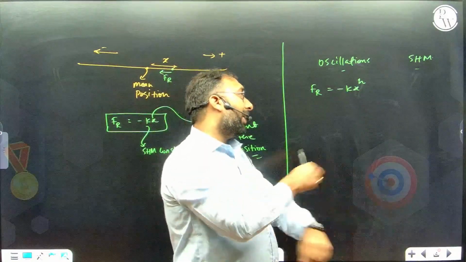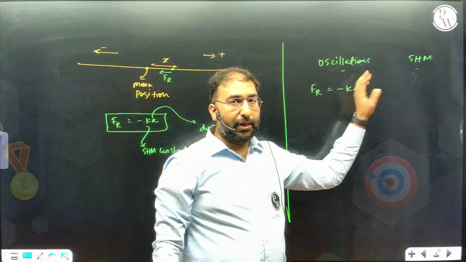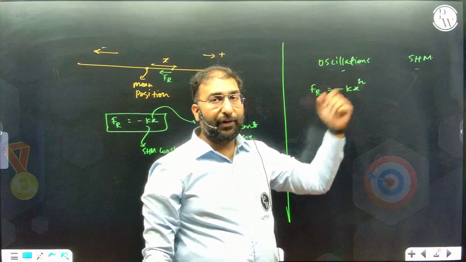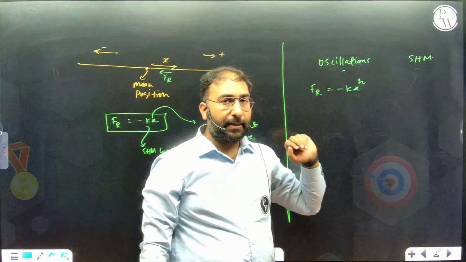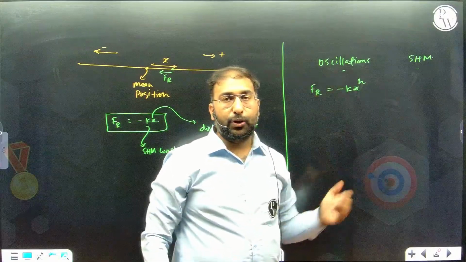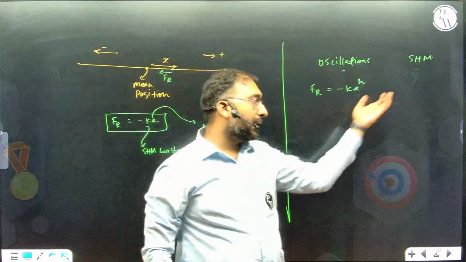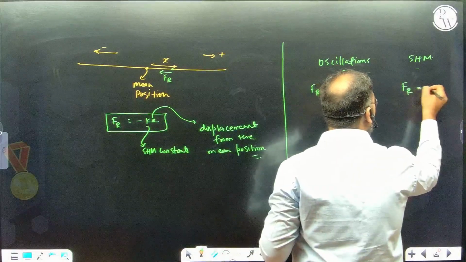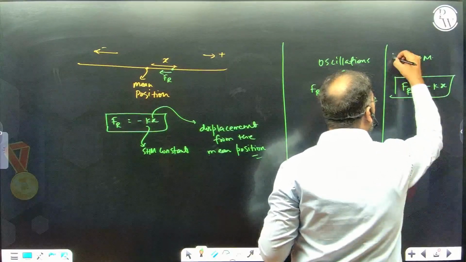Now when I put the value of n to be 1, or 3, or 5, say odd numbers, we'll find different equations of restoring force. But out of all these conditions, when the restoring force is linearly proportional to x to the power 1, this is the specific condition for SHM.